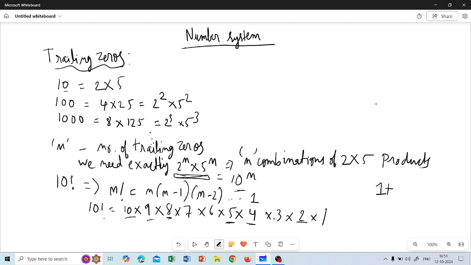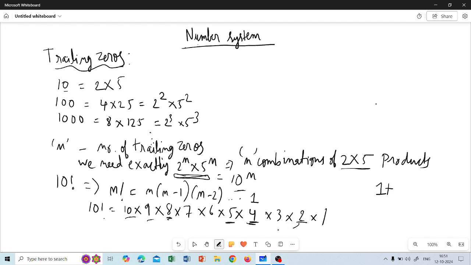How many ever 2's there are doesn't matter. Now 8 and 4 are 2 power 3 and 2 power 2, but you can see that there are so many 2's but only a single 5. So we can have only a single product of 2 cross 5.